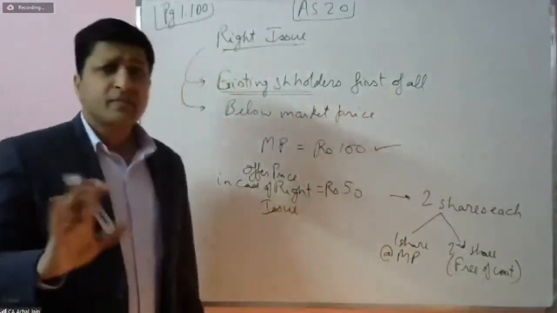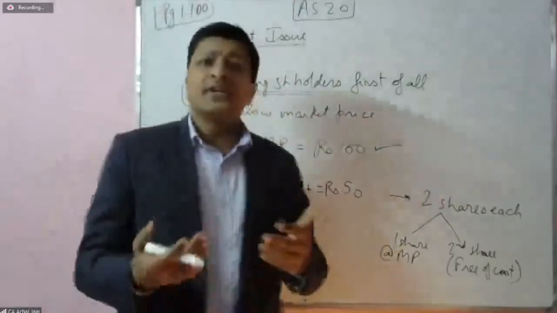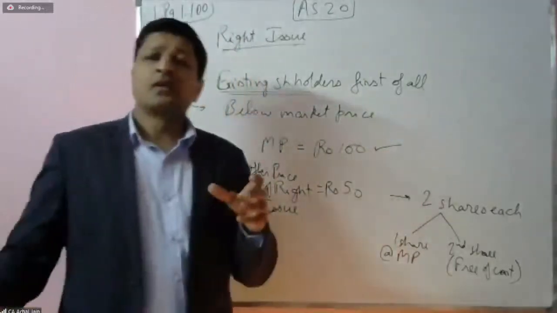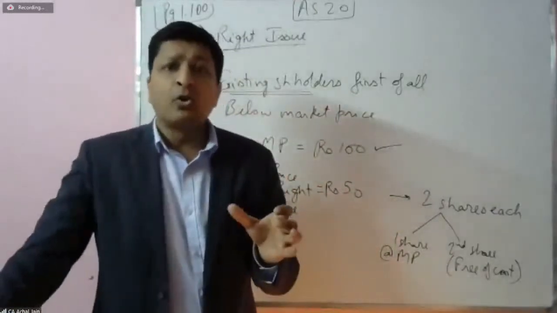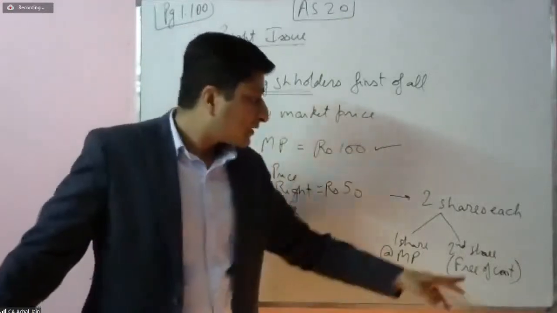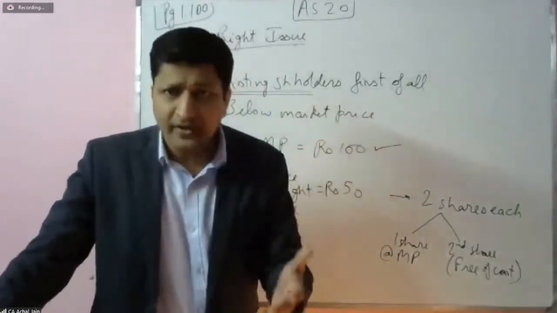This is not the arrangement which happens in case of right issue. But I'm saying in a way we can also say that right issue has got some color, or a part of the right issue is nothing but the bonus issue. Now in this case it was 50-50.